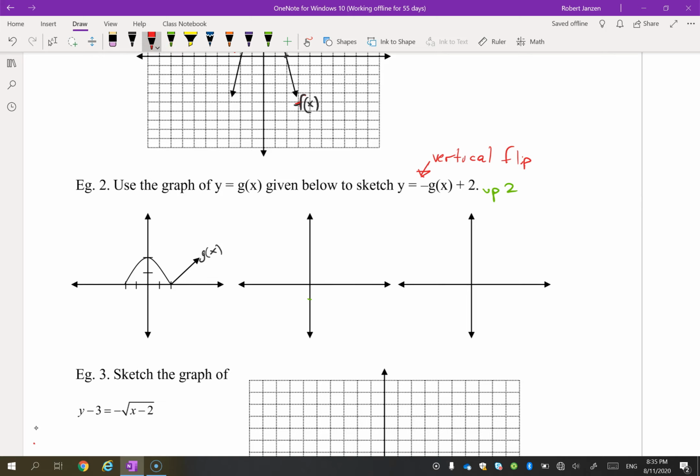What is that going to look like? Well, the original graph looks something like this. And so if I do a vertical flip, it's going to be here. And then if I take that graph and move it up 2, it's going to be here.